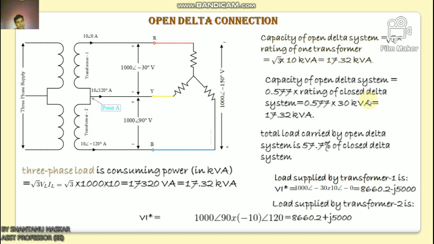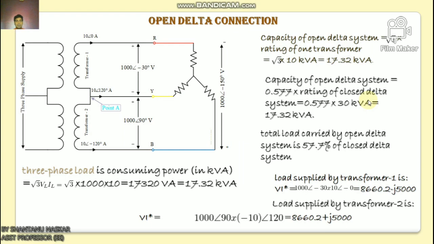Now let one transformer be damaged and disconnected for repairing purposes. Now the remaining system will work as an open delta system. If you remove one line of delta, then it becomes V. That's why it's called VV system. So in open delta, now we have two single phase transformers.